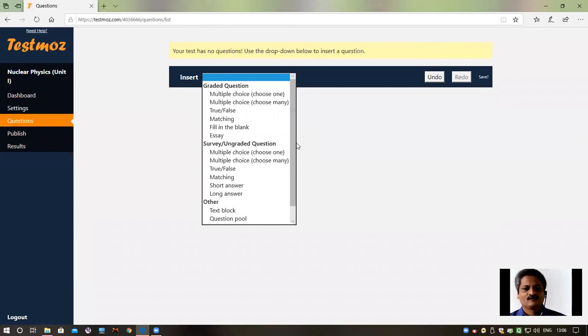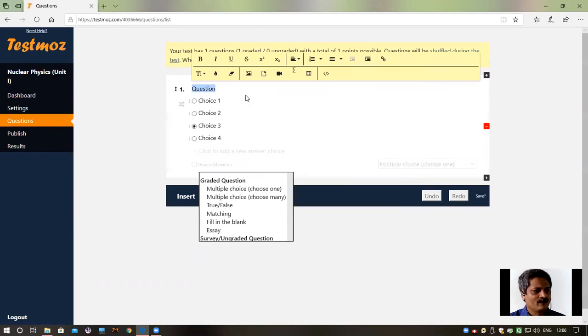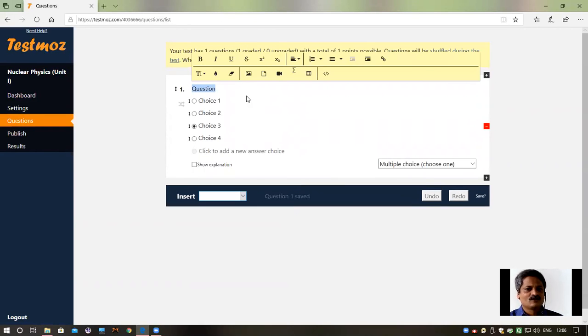Now we go one by one. For example, we click on multiple choice, choose one. Suppose here we type: atomic number means.